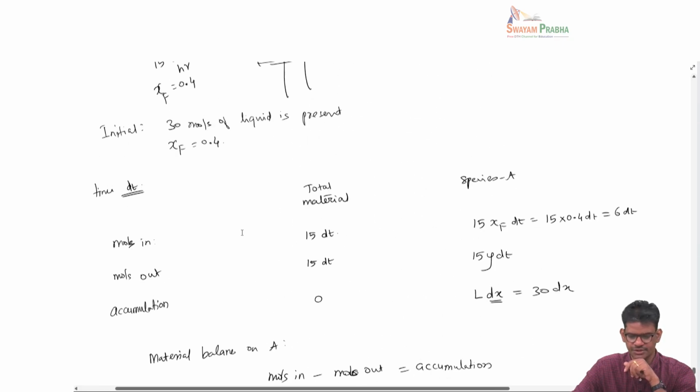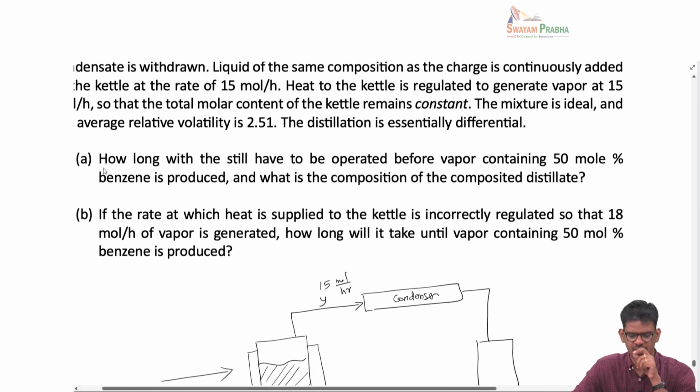So let's go back to the question. What is the question being asked? How long will the still have to be operated before a vapor containing 50 mole % of benzene is produced? We are not talking about the overall composition of the vapor, but that instant at time t. You're doing this operation over some time t, which we don't know, and at that particular time t a vapor is created. That vapor should have a composition of 0.5.